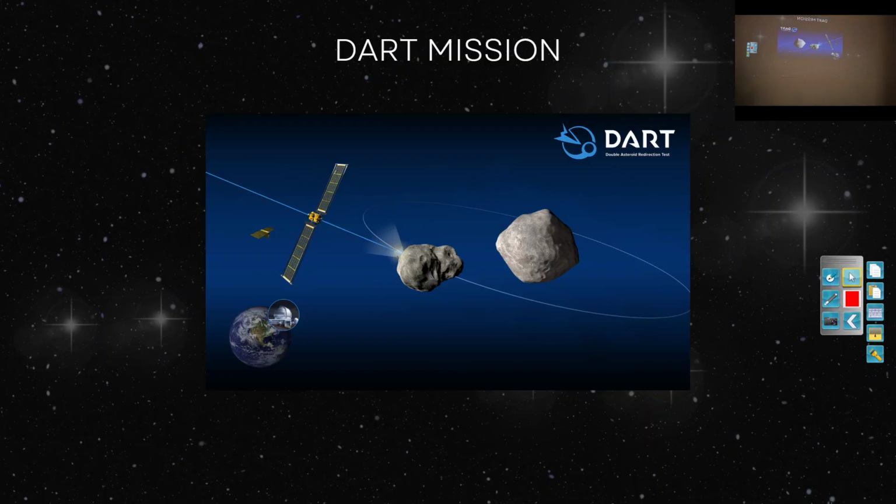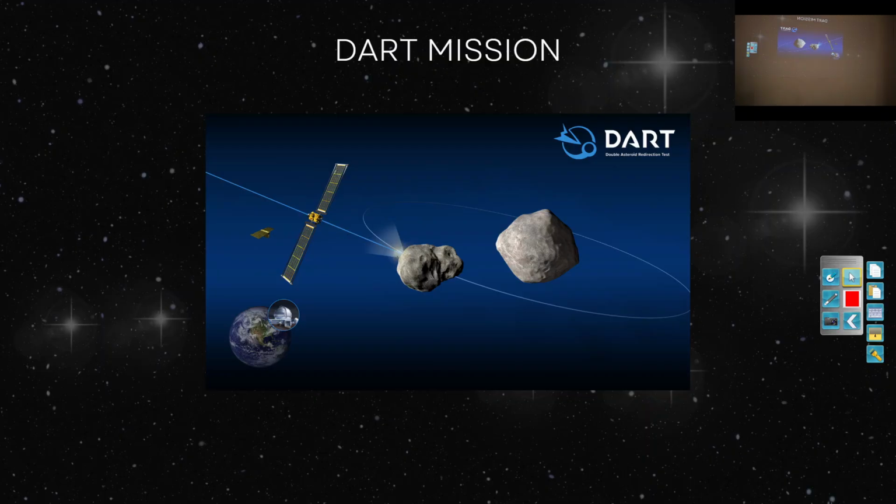So, any asteroid that comes near the Earth, it will destroy it basically, a defense mechanism. This DART mission has been made so that it will deflect the asteroid away from the Earth if it is small, or it will completely destroy it, so that it does not enter the Earth's atmosphere.